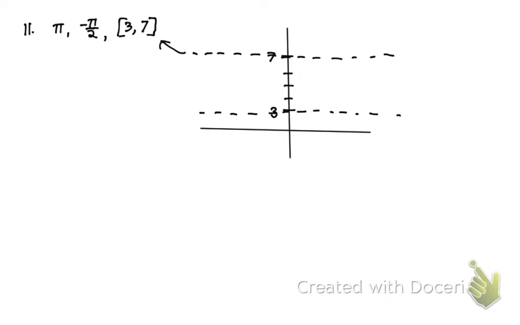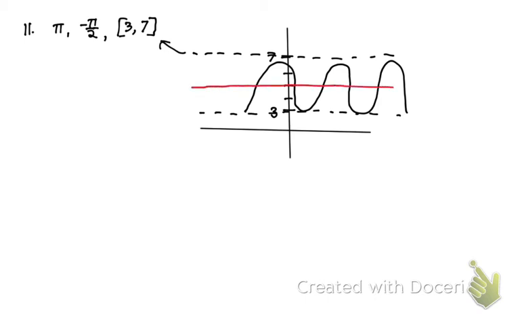I don't know where this is, so I'm just showing you an idea. Your graph is bouncing between these 2 points. Now, if you remember, your sinusoidal axis cuts right through the middle of this graph. Let's note real quick here that the distance between 3 and 7 is 4.